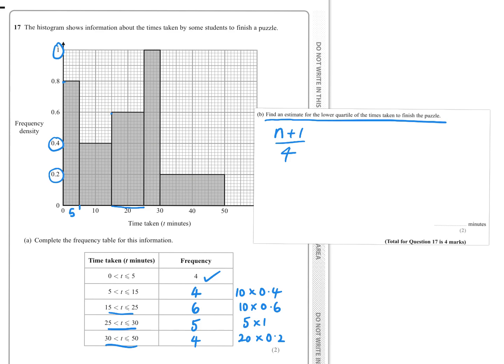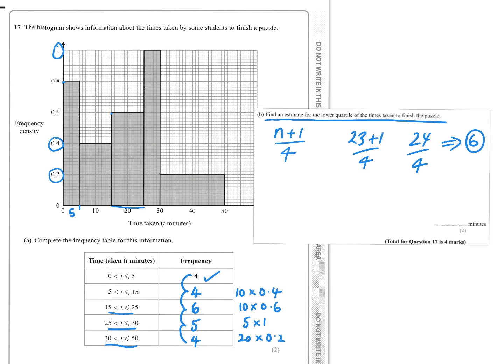And as we have 23 bits of information, 4, 8, and 6 is 14, and 5 is 19, and 4 is 23, then 23 plus 1 over 4 is just 24 over 4, which is 6. So we're looking at the 6th bit of information from our frequency diagram.